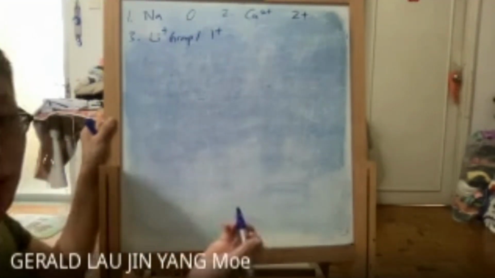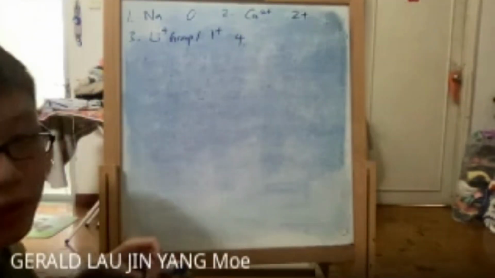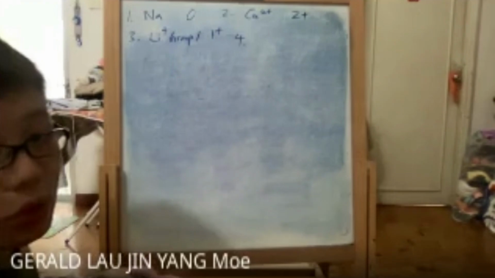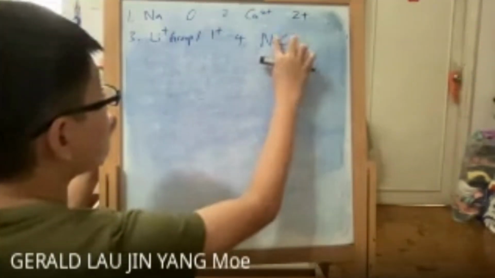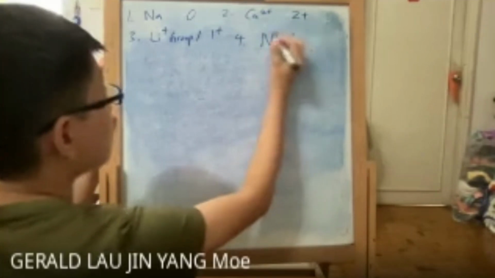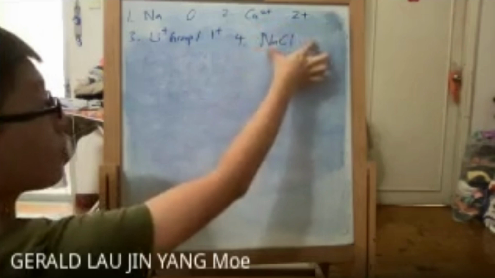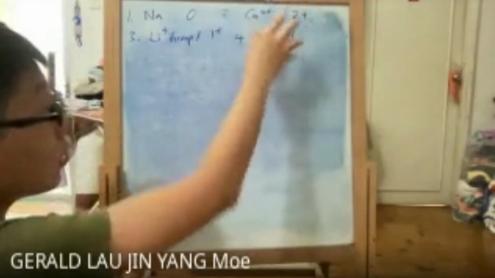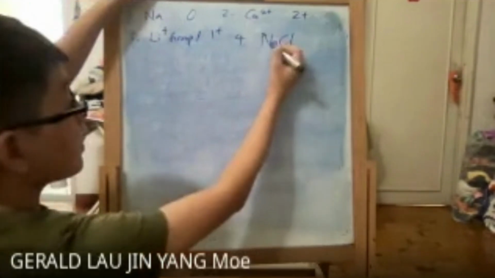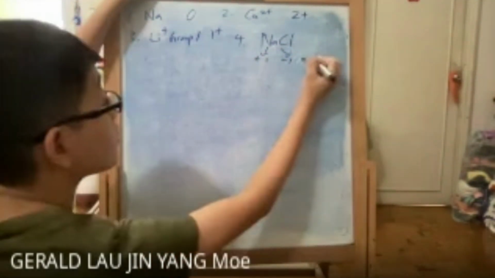Okay, that's all. 4. Sum of oxidation numbers of the elements in a compound is 0. Let's say sodium chloride. Sodium chloride, you look, does it have a charge? Outside here, the entire compound, is there a charge? No, it is neutral. So, you see, sodium is +1, chloride is -1, so it's equal to 0.